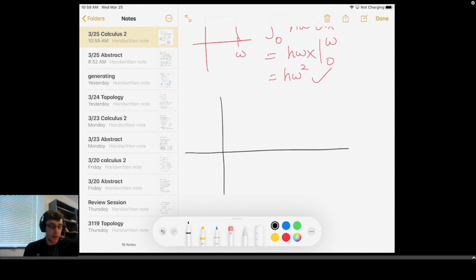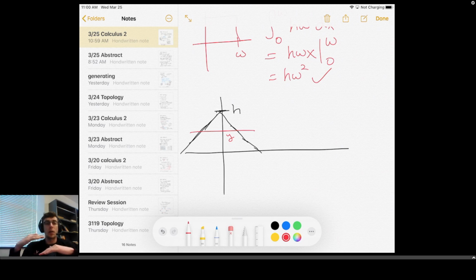A lot of the time, it's easier to draw my pyramids like this, not lying horizontally. With the pyramid say of height h, what you're looking at are cross sections, say here, at some value y.